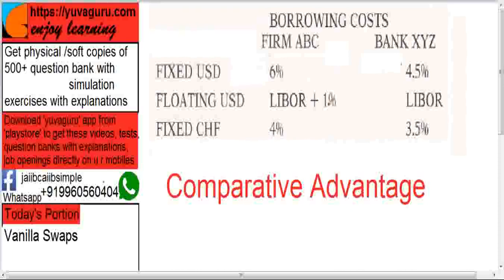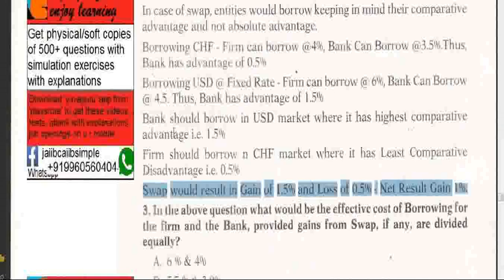The bank has a lesser advantage in CHF and more advantage in USD. So the bank will try to act wherever it has the maximum advantage. So it will buy fixed USD and then the firm will buy fixed CHF. You can read this by pausing the video, and the net gains would be 1.5 plus and 0.5 minus.